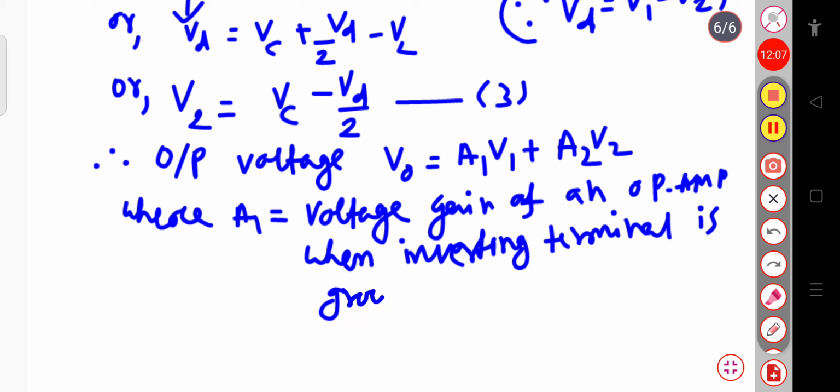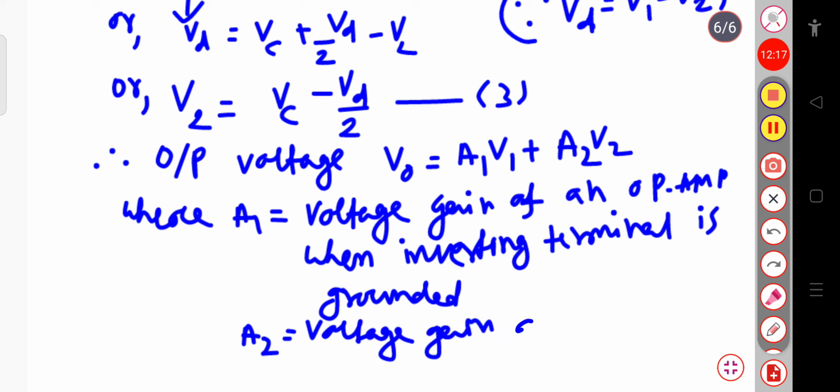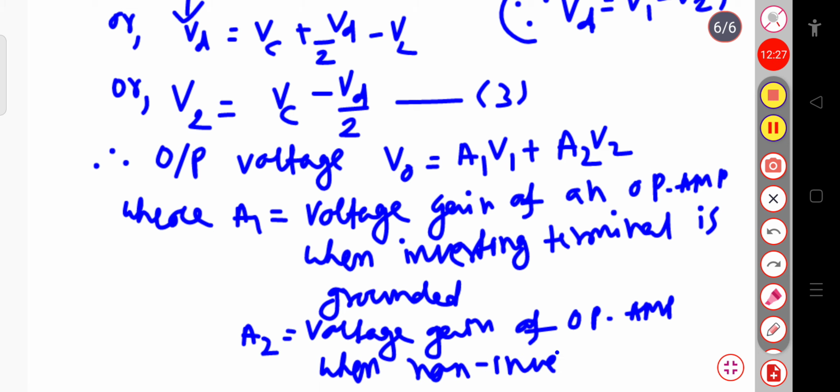And similarly, A2 equals the voltage gain of an op-amp when the non-inverting terminal is grounded.